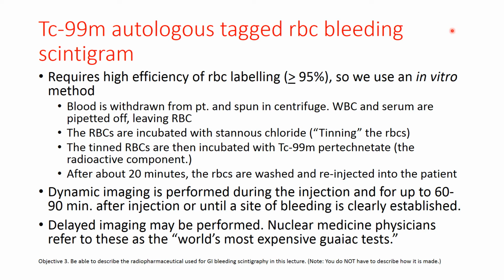We can think that that is a gastrointestinal bleed, an upper GI bleed. And so what we want to do is have a high labeling efficiency. That is, that when we incubate the red blood cells and the technetium-99m, 95% or greater of that technetium-99m will be within the red blood cells.